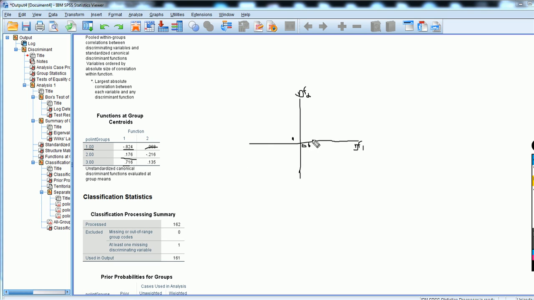So it's a little bit higher here and positive, and you can see there's more separation horizontally than vertically with respect to these centroids. That reflects the fact that we're having most group separation on discriminant function 1. That's why we care about naming that particular function.